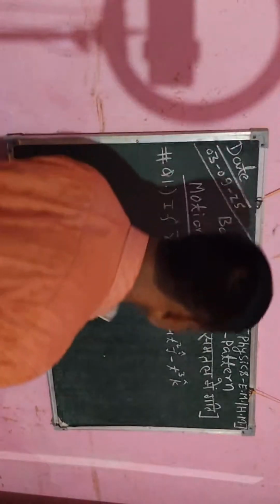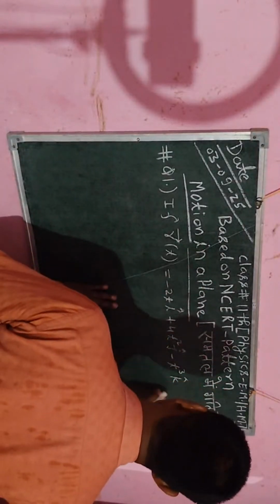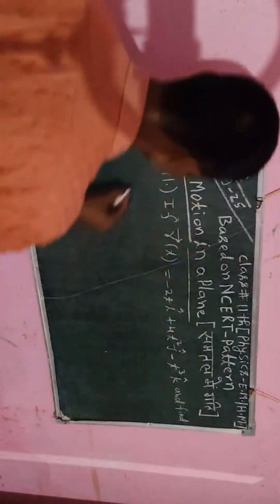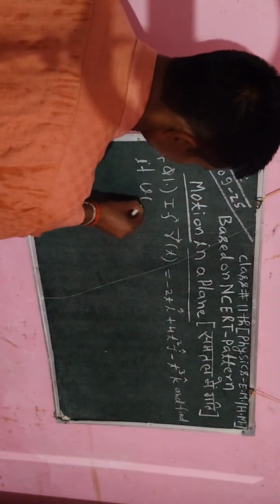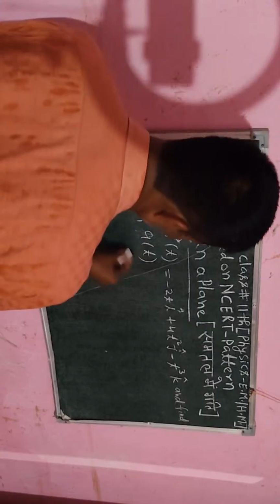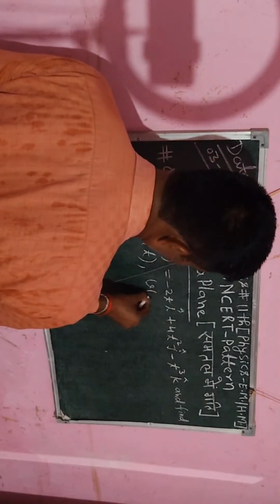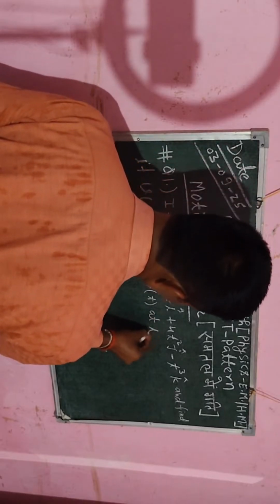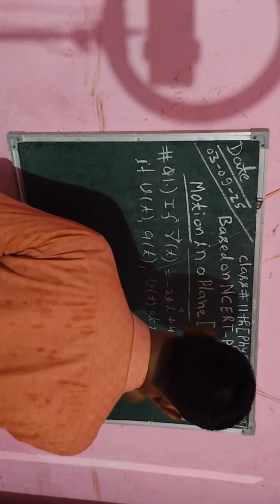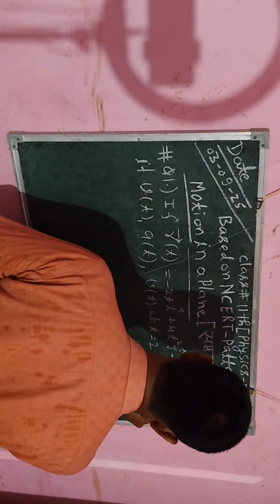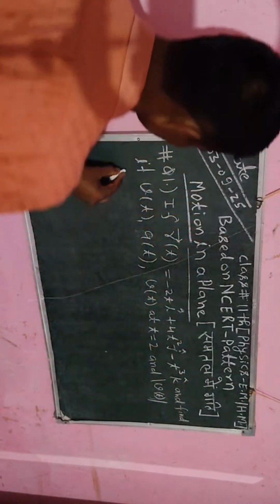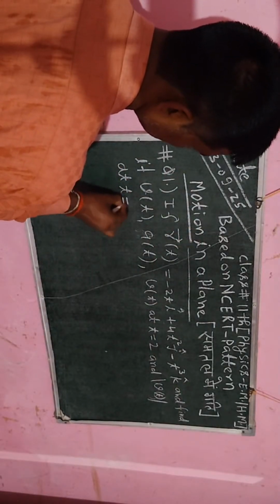Now the requirement of the question: if r is equal to this, find its v(t), a(t), and v(t) at t = 2 seconds, and also the magnitude of this vector at t = 2 seconds.